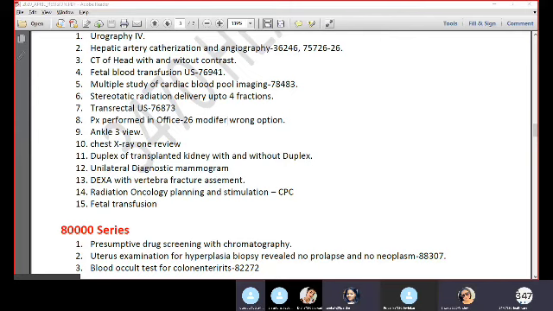Anterior posterior. When the X-ray beam enters the back of the body and exits the front side, that is posterior anterior. When the X-ray beam enters the front of the body and exits the back side, it is the AP view. Anterior posterior, posterior anterior, so two views. We have to take 71046 as the correct answer.